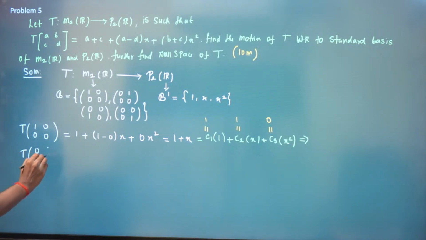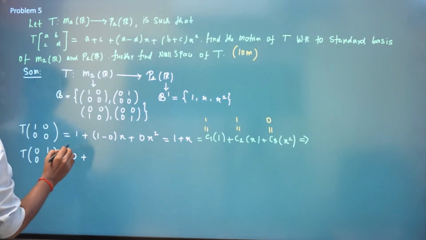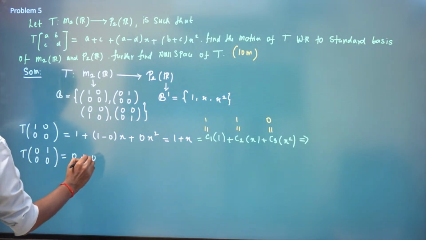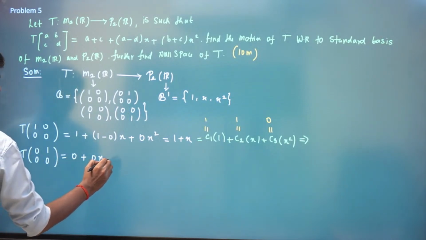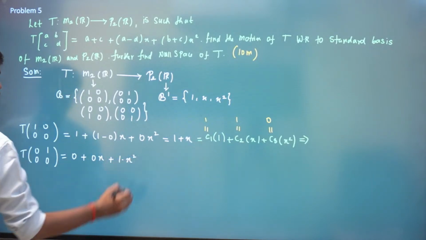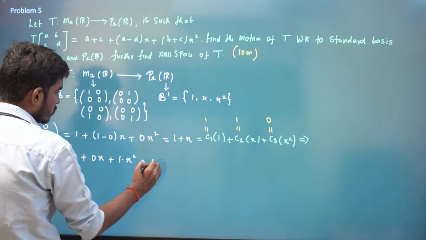Now T of 0 1 0 0, so A plus C, so 0 plus 0, plus A minus D, A minus D is 0 again into x, plus B plus C, so B plus C is 1 into x square, right? Okay, so this is nothing but x square.